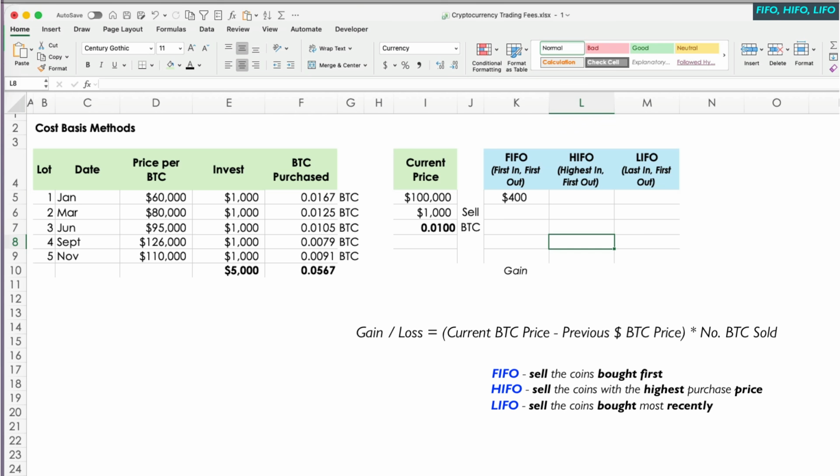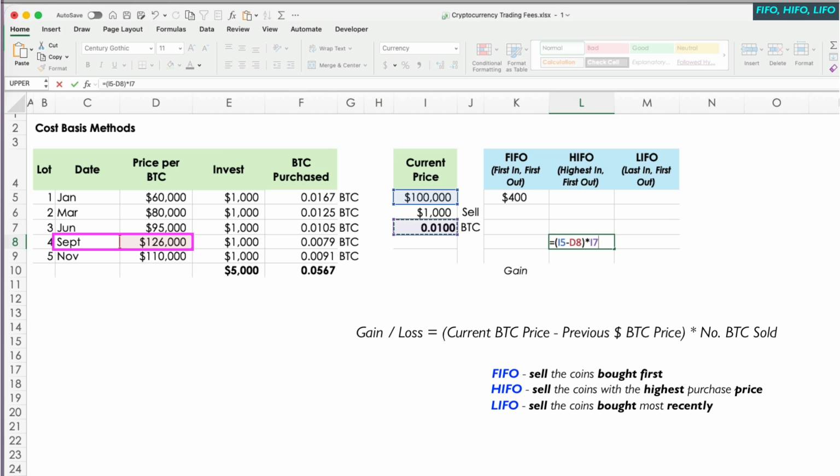Under the HIFO method, I sell the Bitcoin I bought at the highest price first. In this example, that was in September at $126,000. I subtract $126,000 from the current price of $100,000, which gives a negative $26,000.